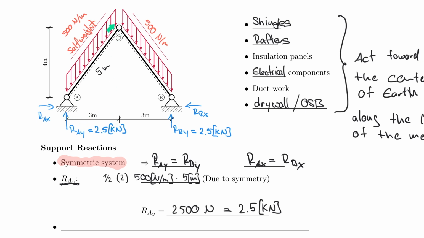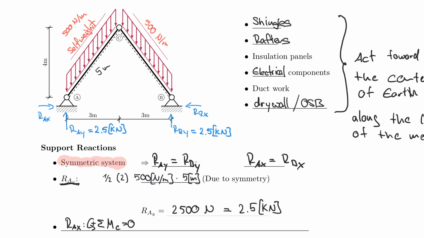And this force here is concentrated in the middle of the 5 meters, but because it's acting perfectly vertical, it has a lever arm of 3/2. But I will write that down for you now. So to calculate RAX, I have to take the sum of the moments about the hinge at C and set it equal to 0.